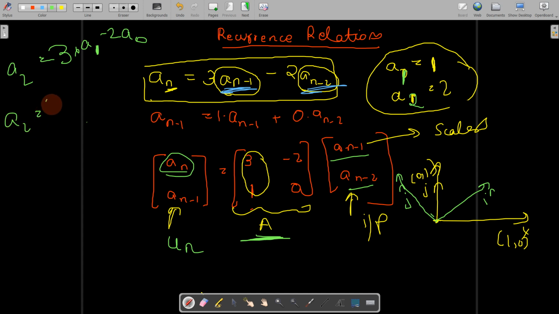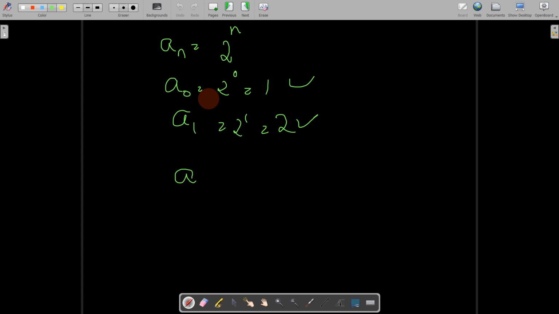So this will be our a0 and a1 only. a1 is 2, minus 2 times a0, that is 2 into 1, right? So 6 minus 2, 4. a2 is 4. Let us see if a2 is coming out to be 4 or not. 2 power 2, 4. So this is also correct. So this is our general form of the recurrence relation.